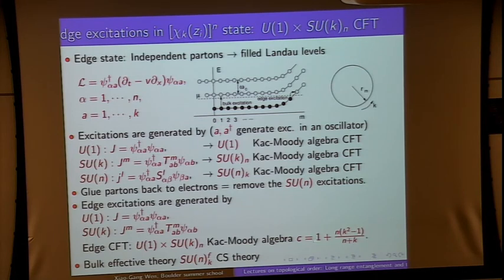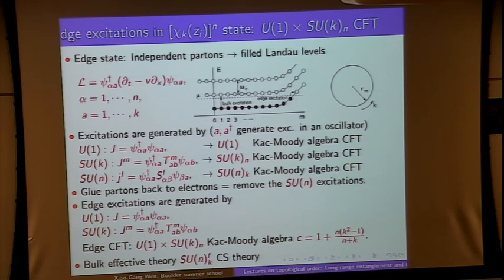So here's the result. This combination has a central charge 1 times this. So actually, for the large k limit, this k cancels out, so it is roughly k times n in the large k limit. But for small k, this is less than k times n, so there is some reduction here.